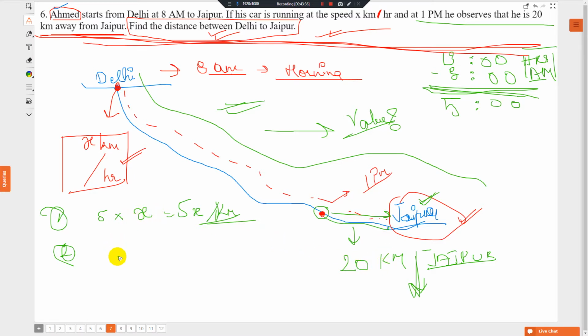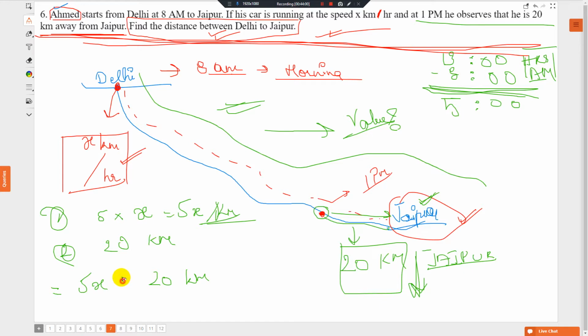That means the distance covered is 5x kilometers, and 20 kilometers was left to reach Jaipur. So what will be the total? That's pretty simple, just 5x and 20 kilometers.